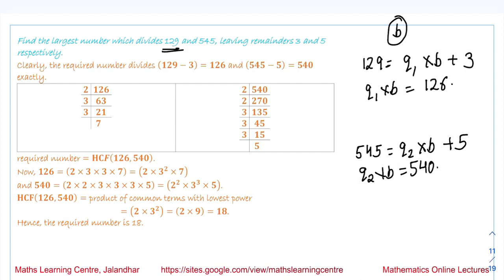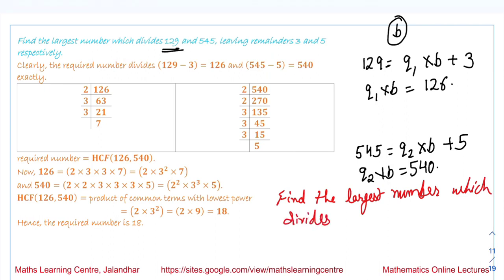So our question becomes: find the largest number which divides 126 and 540.